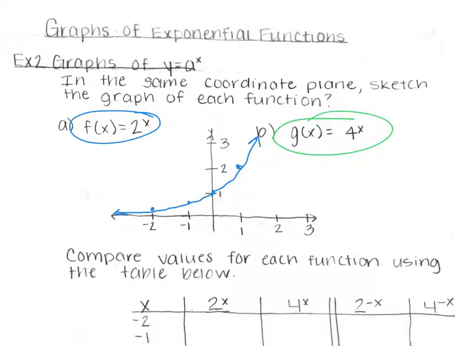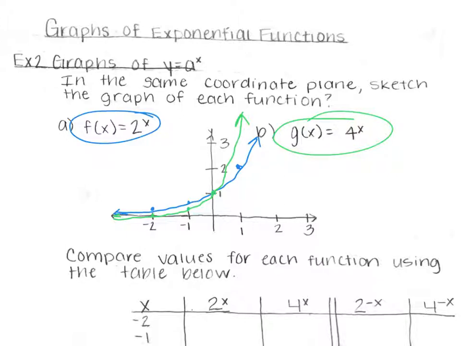So we can do a similar thing here. 4 to the 0 power is 1. 4 to the first power would be 4. 4 to the negative 1 would be 1/4. Then we would have like 1/8. So again, we have something that kind of looks like this.